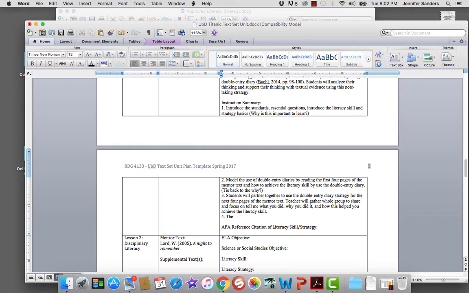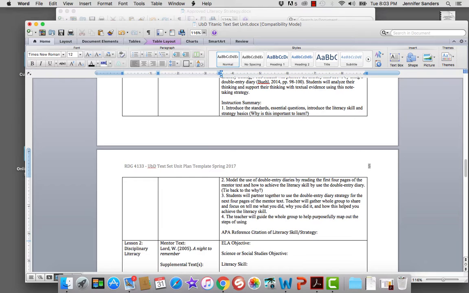So the teacher will guide the whole group to help purposefully map out the steps of using the double entry diary for the next 2 pages of the mentor text.